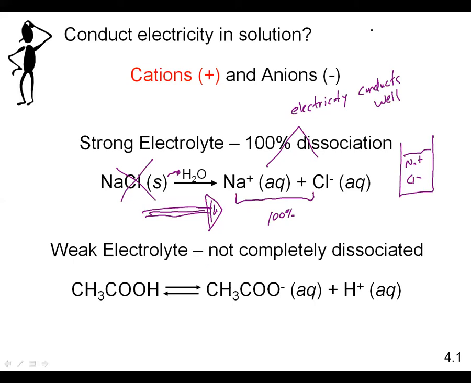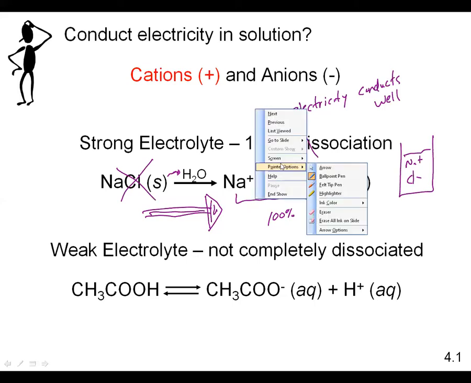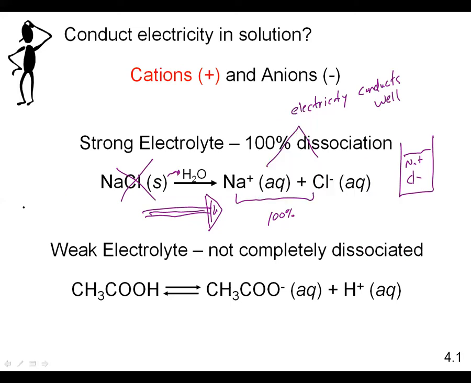And that is different than what typically happens in a weak electrolyte. In a weak electrolyte, it will dissolve and create some ions, but the way you can recognize a weak electrolyte is that we will have a reversible reaction.